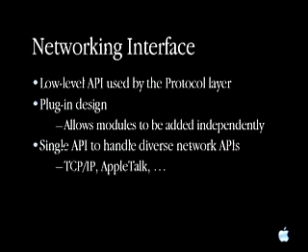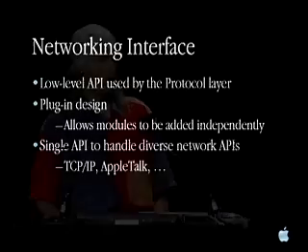The networking interface is just a very low-level wrapper to go around your different protocols. It has a plug-in design so that in the future, if it's needed, somebody can drop in a new protocol module, and they can do that independent of the release package.